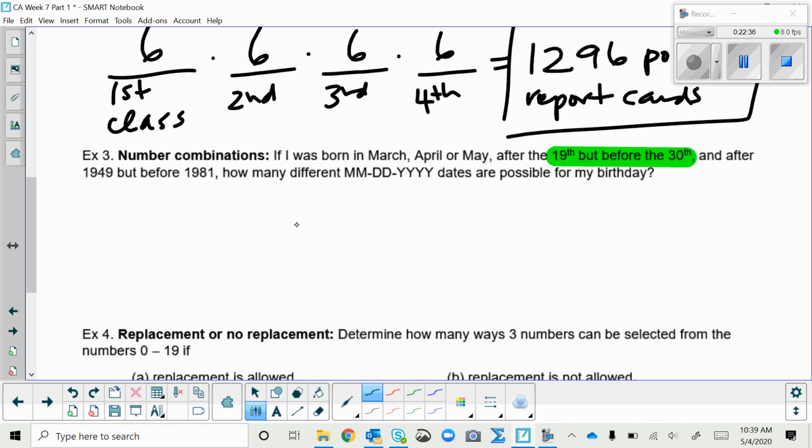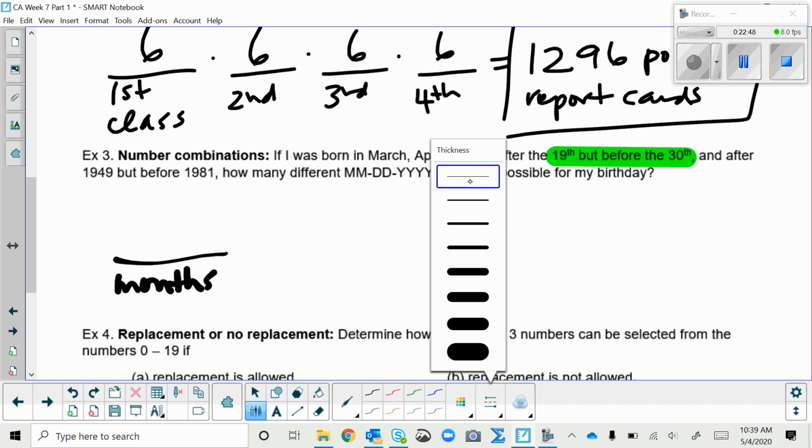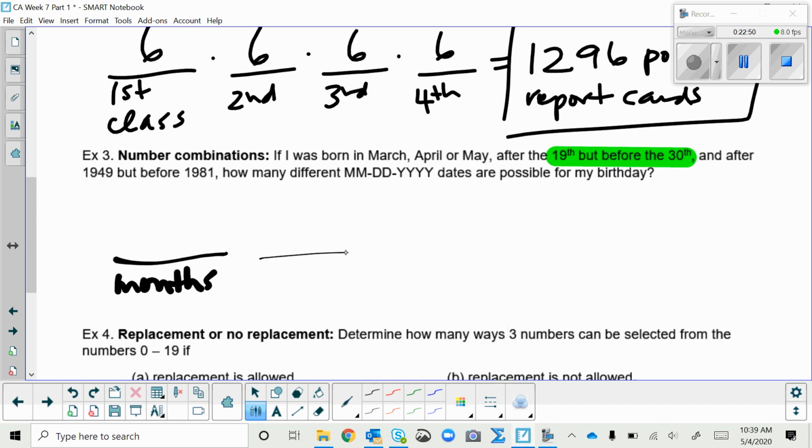We want to know how many different months there are, how many different day options there are, that's the DD, this is the MM, and how many different year options there are. That's the YYYY.